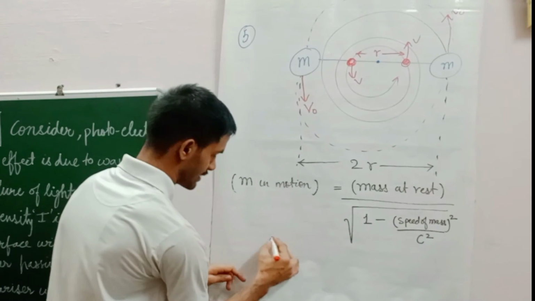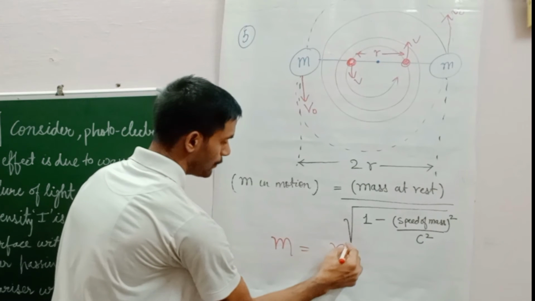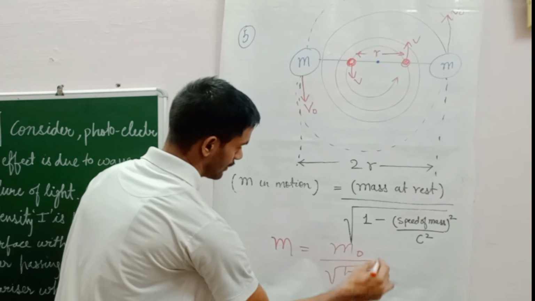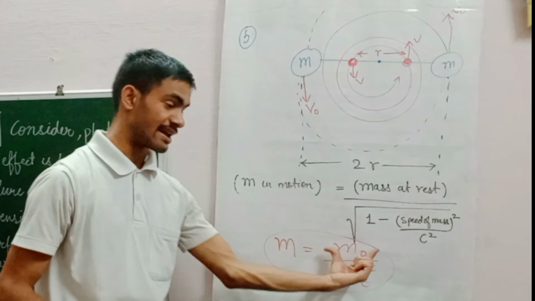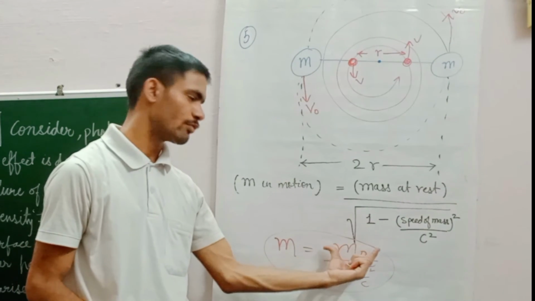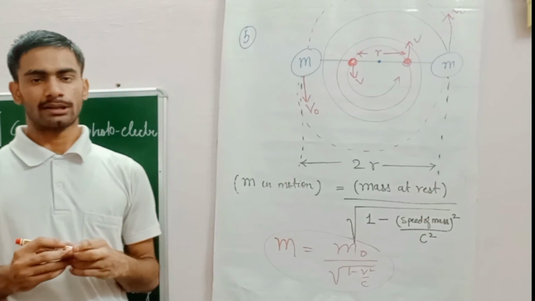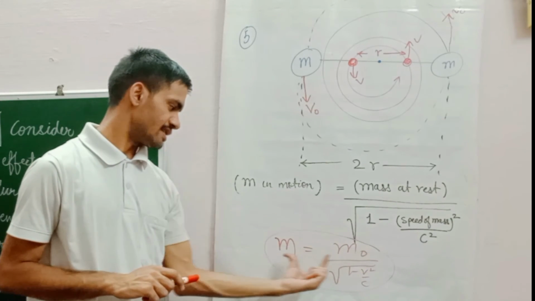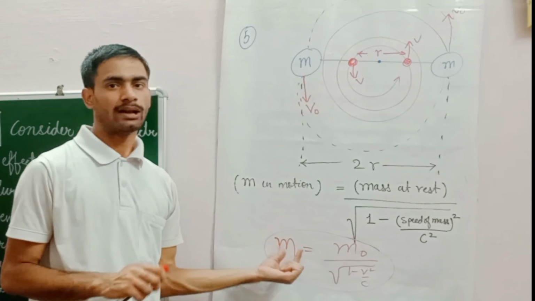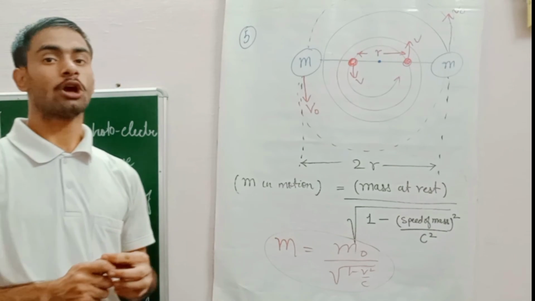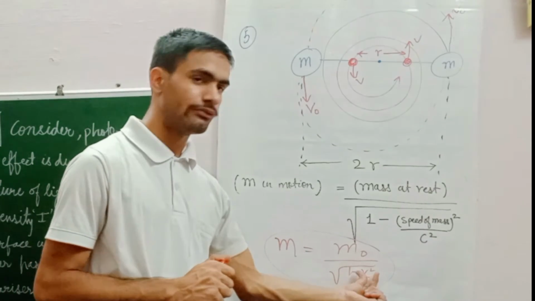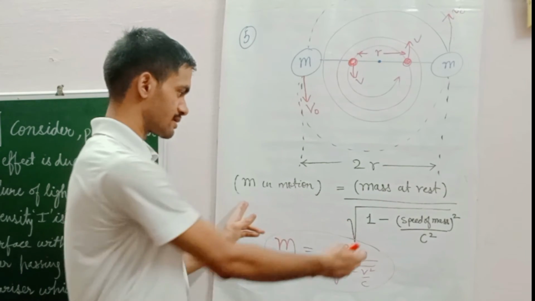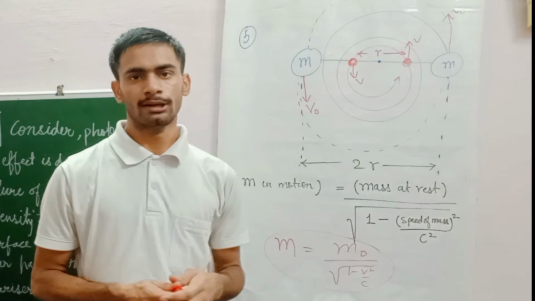But simply we can write it as m equals m naught times the square root of 1 minus v square upon c square. So m naught is the rest mass. That means the mass when both the moving body and the observer are at rest, and m is the new mass when that body is moving with respect to the observer with a velocity of v. So this is quite a challenging one because this is somewhat new to many, but you can try.